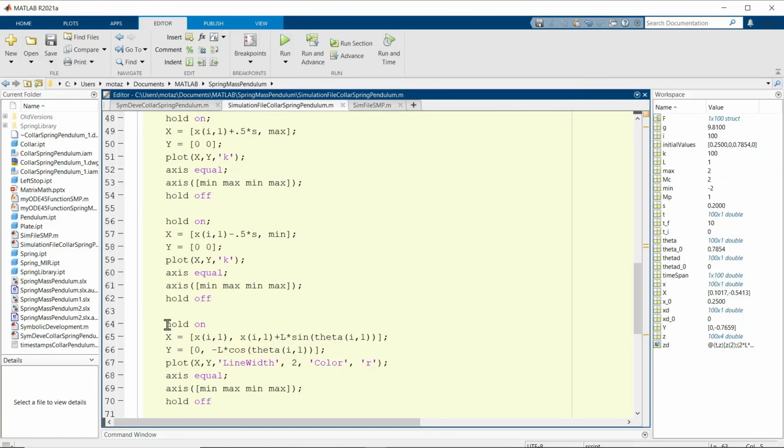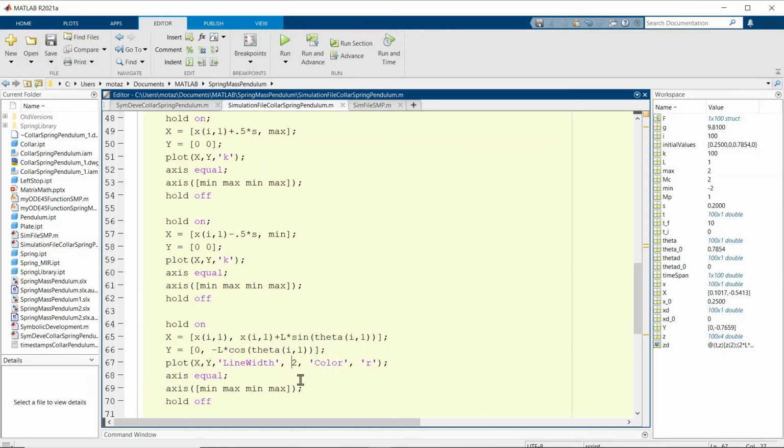And then we need the pendulum, which is always going to be between x, the position of the box in the x direction, and then the position of x plus L sine theta, that's the x1, x2, and y will always be 0, and it'll be negative L cos theta pointing downward.